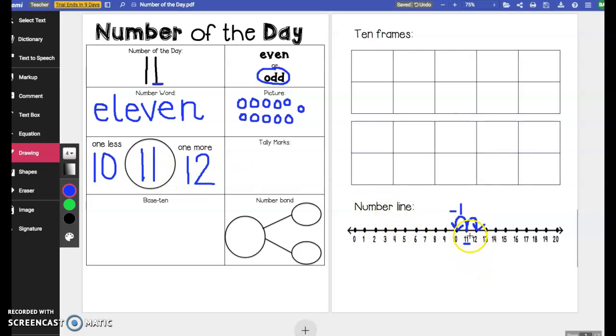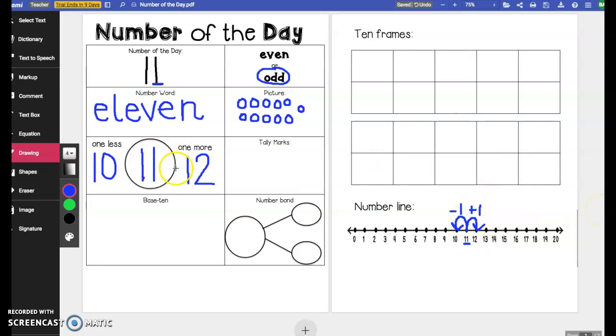Same thing. If I had 11 markers and my friend gave me 1 more marker, now how many markers do I have? I would have 12. So you see, even before and after, or we could think about it that we're taking 1 away or 1 less, or we're adding 1 more.